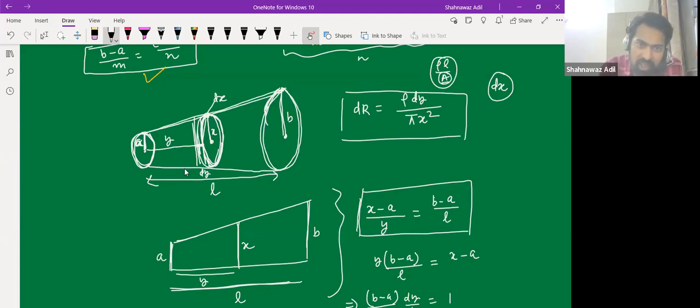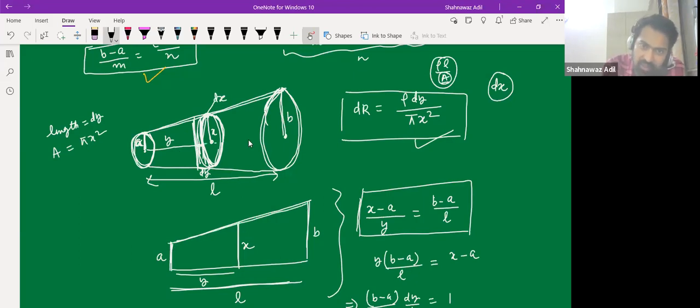So what we did was that we assumed this cross-sectional area and then a very thin distance dy. So length is dy, and area of cross section is pi x square. This is the area of cross section. So this is the small resistance. And this is the same diagram that we are getting, right?